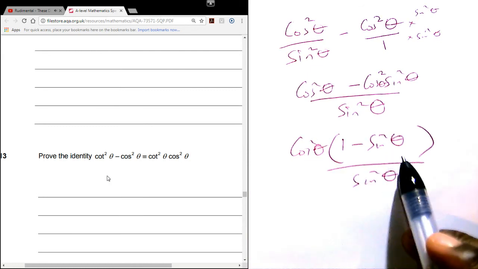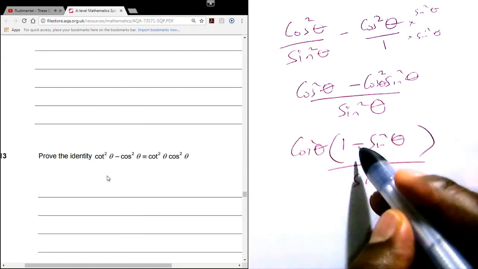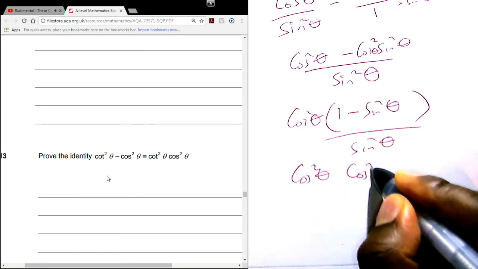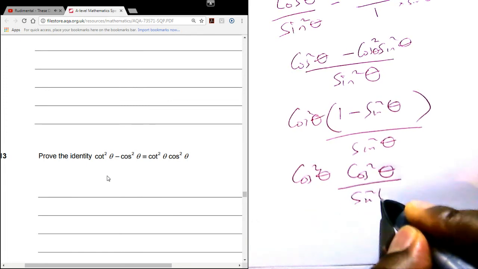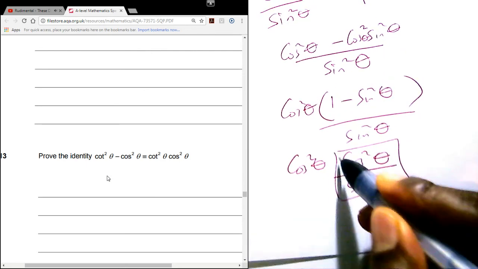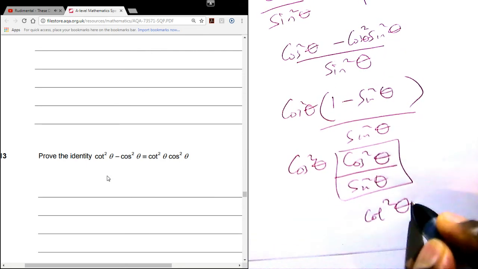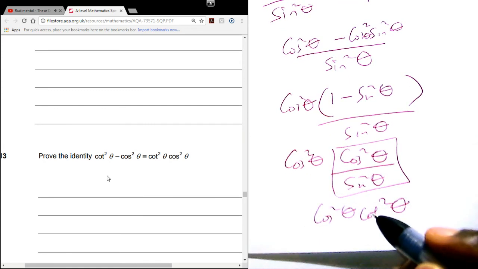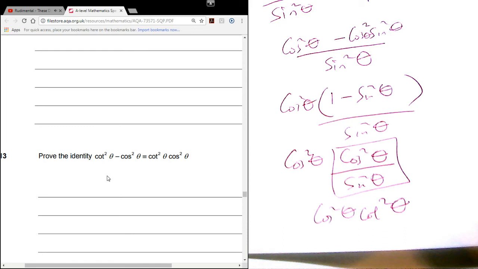So 1 minus sine squared is just cos squared. So that becomes cos squared theta, another cos squared theta over sine squared theta. Obviously, this would give you cot squared theta, and there you still have your cos squared theta. And that's what they wanted you to prove, and it's 3 marks.